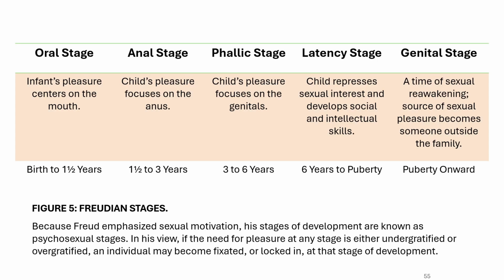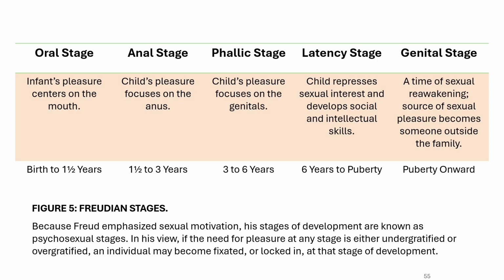The latency stage, according to Freud, is where children repress sexual interest and develop social and intellectual skills. So for us now, from a modern perspective, we do not put 6 years to puberty in one stage. We break that up a little bit more. But in general, we do understand that from 6 to puberty, children are developing relationships outside of the family.